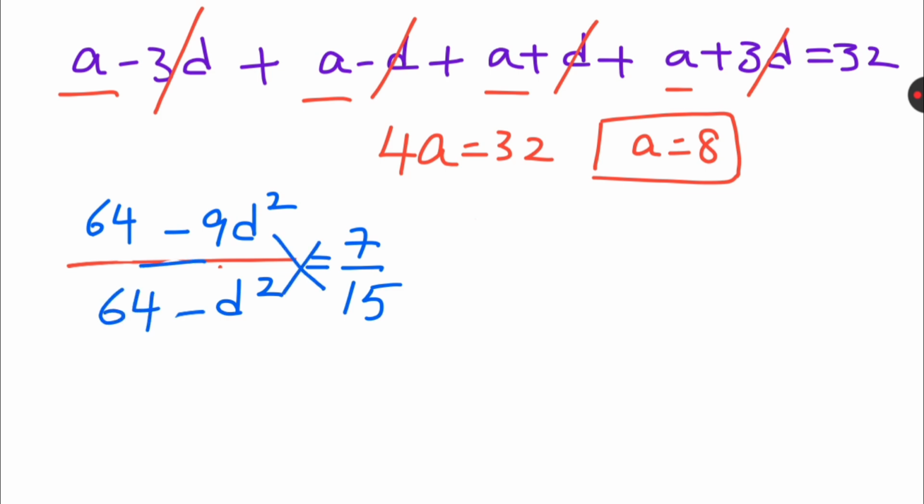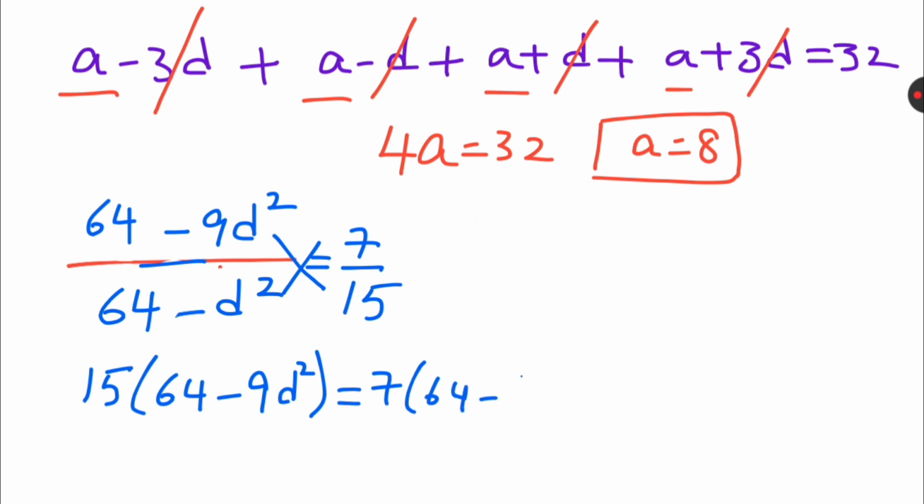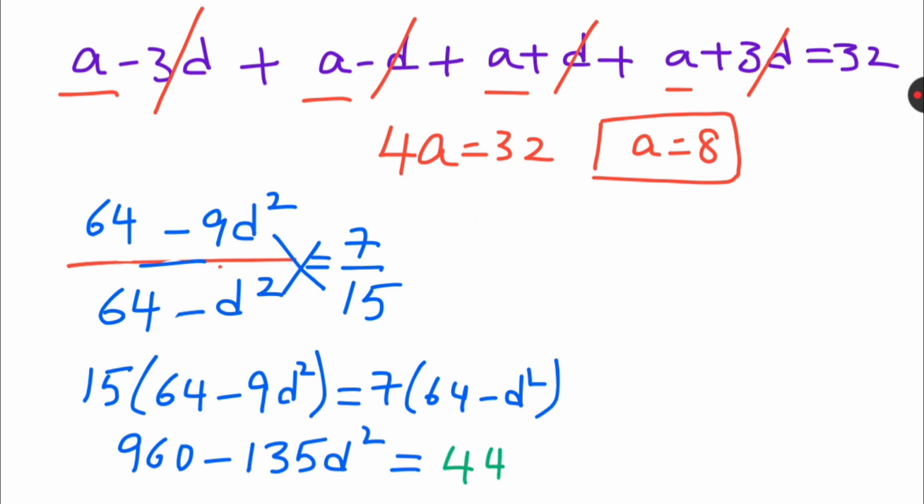Now do cross multiply. 15 times (64 minus 9d power 2) is equal to 7 times (64 minus d power 2). 15 times 64 gives 960, minus 15 times 9, that is 135 d power 2. 64 times 7 gives 448, minus 7 d power 2.